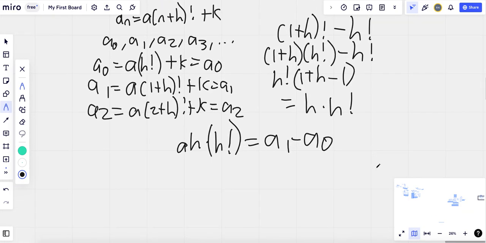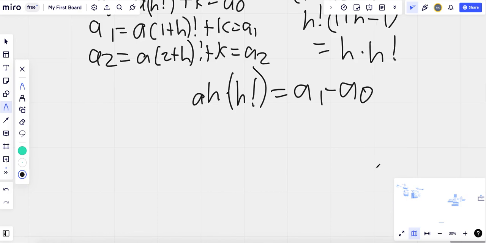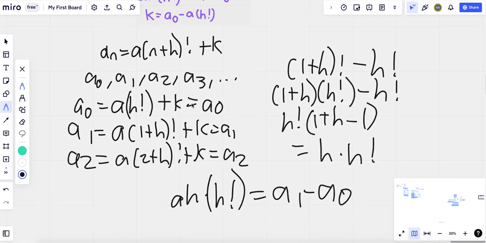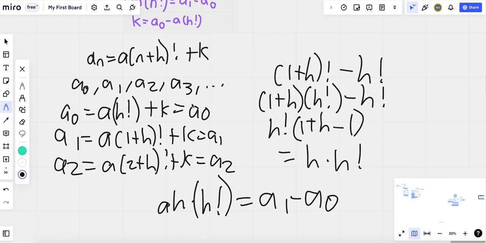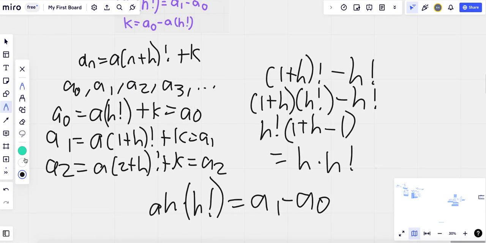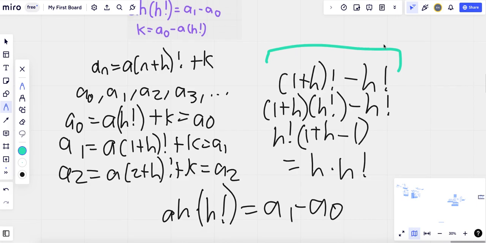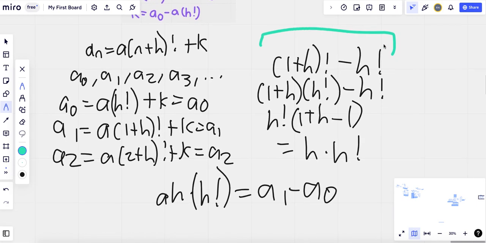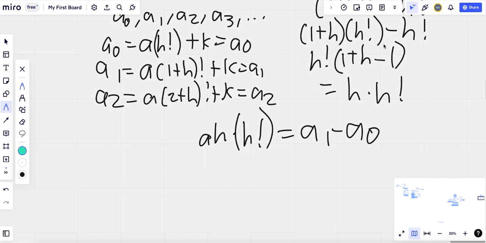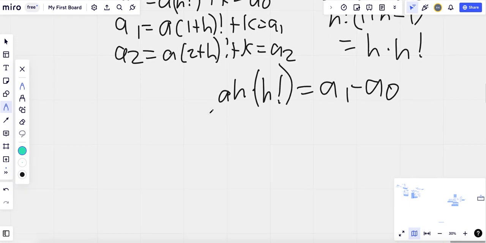Now what we'll do is repeat this process for a2 and a1, and since we got h times h factorial from this right here, if we just do (2 plus h) factorial minus (1 plus h) factorial, it's just going to be the same thing, but just add 1 to this h.